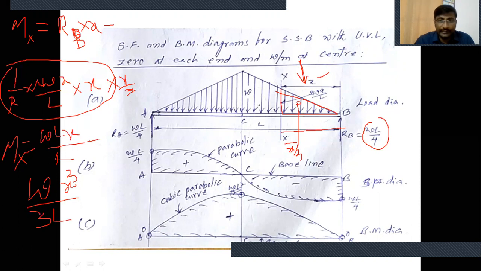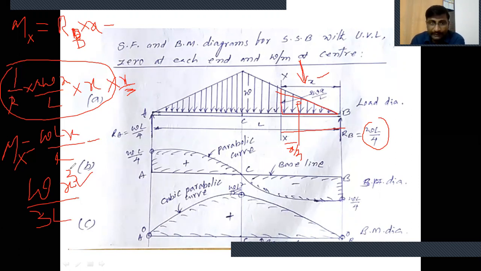So the bending moment varies along the beam between the portion BC, or between the portion AC, as x cube. Therefore, we get the bending moment diagram as a cubic parabolic curve. If it varies with x cube, we get a cubic parabolic curve. If it varies with x square, we get the parabolic curve.